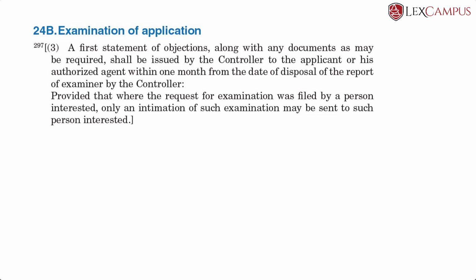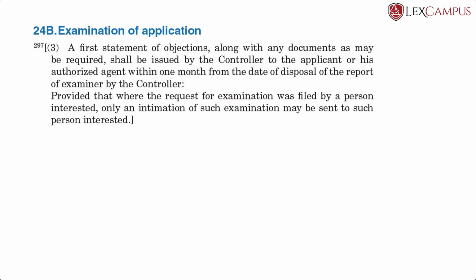Whereas if the examination proceeds and the first statement of objection is issued by the controller, and the applicant does not respond to that, then the application is deemed to have been abandoned.